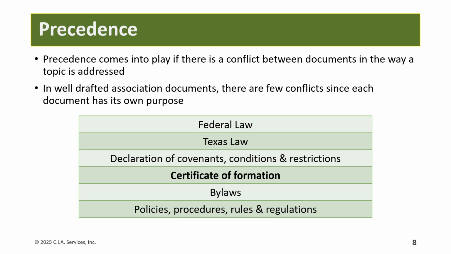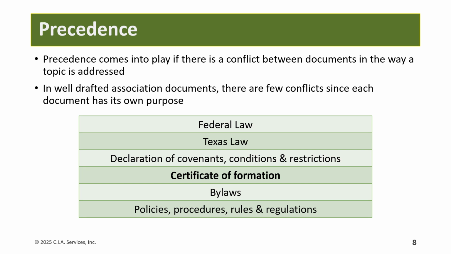There are many documents and laws affecting how an association operates. And the question comes up as to how you handle a conflict where two documents say two conflicting things. Well, that's the concept of precedence. For an association's documents, if they're well crafted, then there should be few conflicts since each document really has its own purpose.